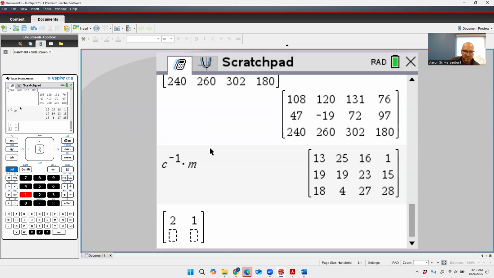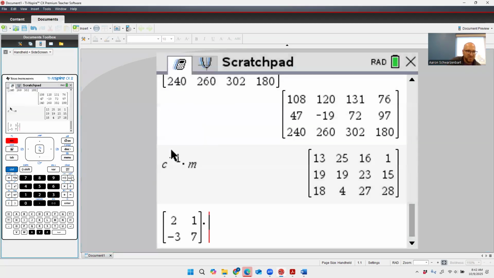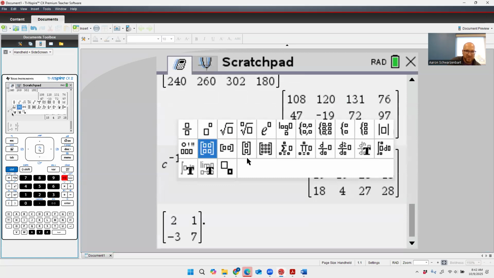2, 1, -3, 7 times, menu. I think you can do a matrix through menu.